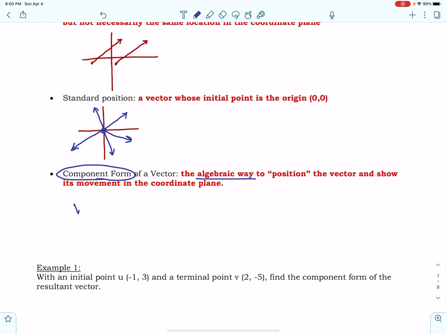Component form of the vector is going to look like an ordered pair, but rather than parentheses, it's going to have these little pointy things here. They've got a name, but I can't remember what it is. And you basically take the difference of your terminal and initial x values and your terminal and initial y values. And essentially, it creates the values of movement, all right?